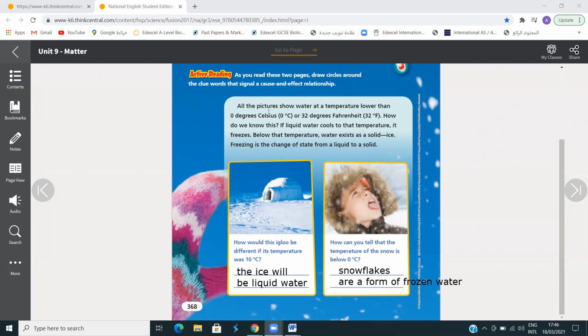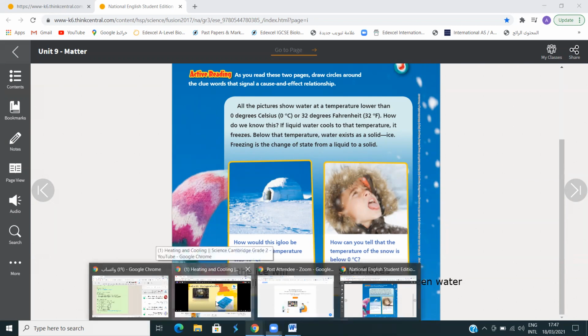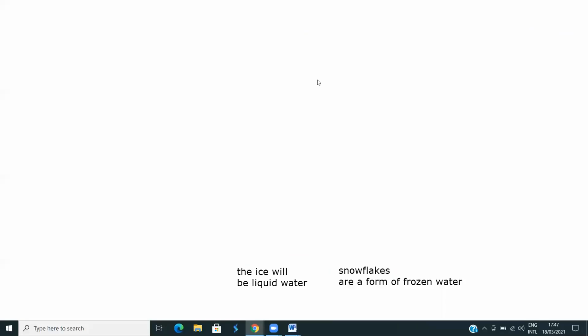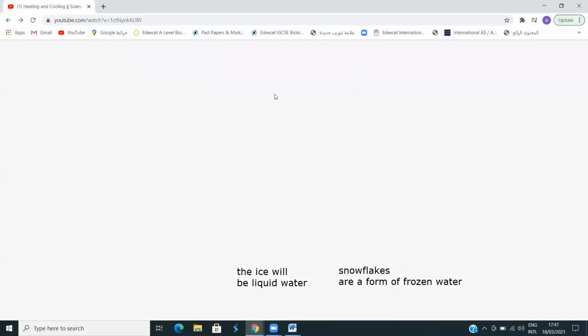But we must know why. What is cooling exactly? My students will go to a video to understand what cooling is. Heating, the opposite is cooling.